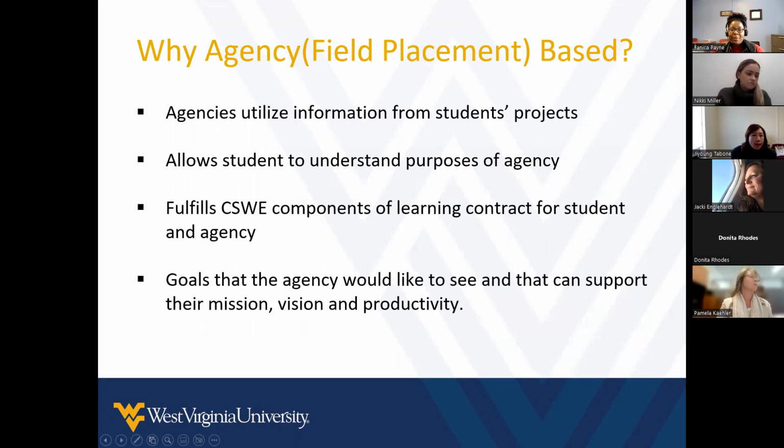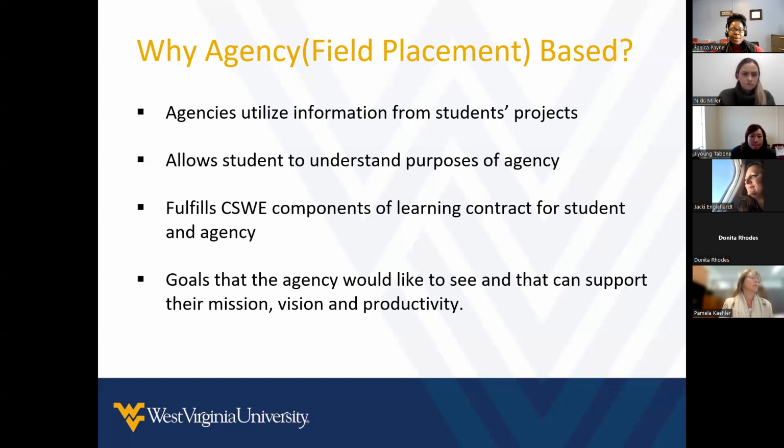So why is the project agency and field placement based? Just to re-emphasize the partnership, agencies can utilize the information from students' projects. Agencies have the opportunity to utilize the information and data that students are able to collect and share to help guide their practice and the things they're engaged in.